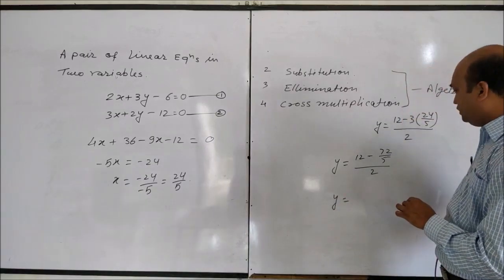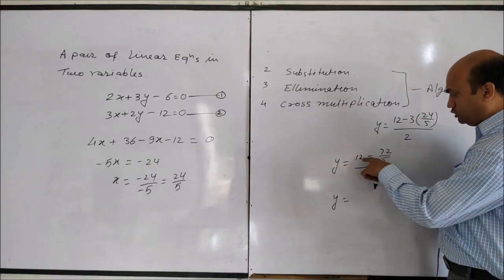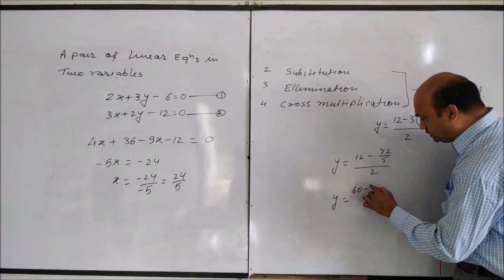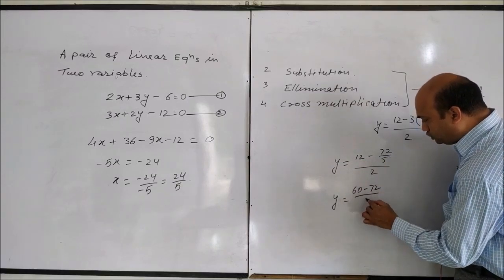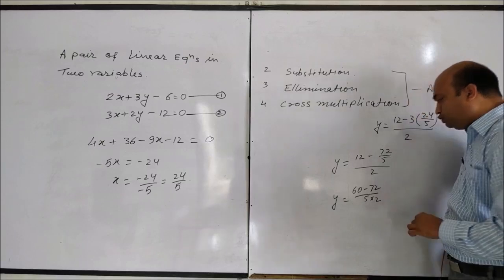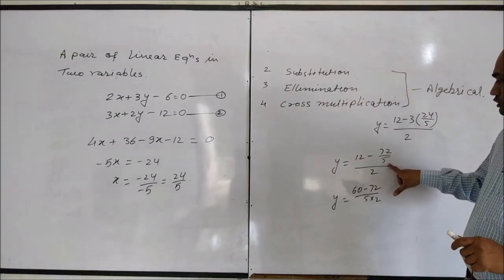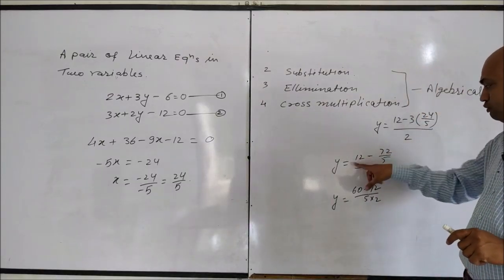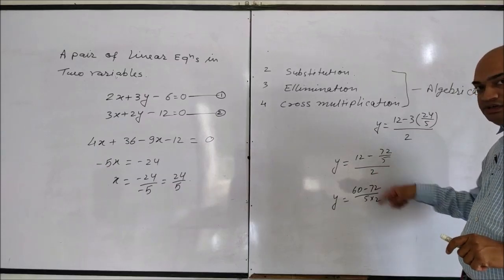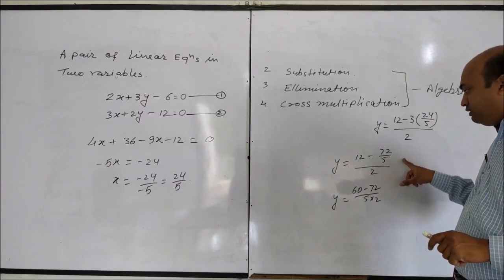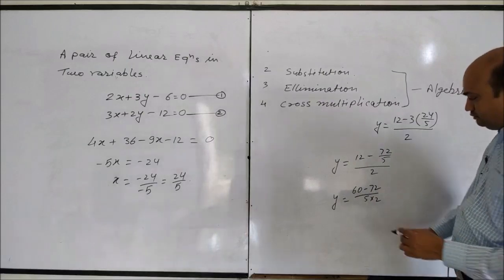It is y is equal to 60 minus 72 by 5 into 2. Okay, 60 minus 72 by 5, and this 2 by 1 we cross multiply by 2 by 1, we will get 1 by 2, that will be like this.